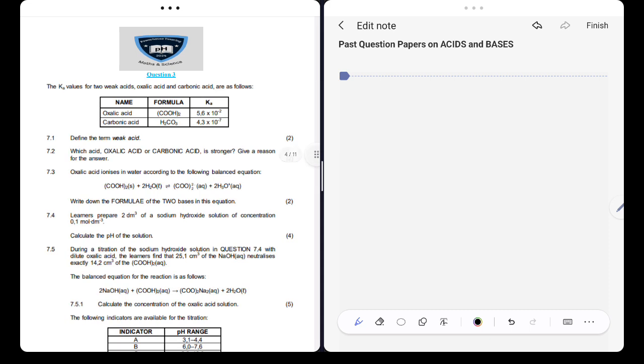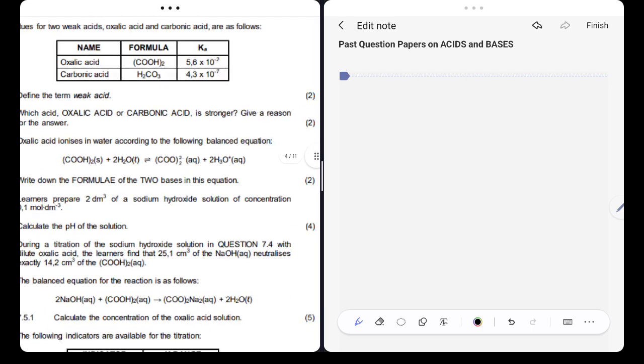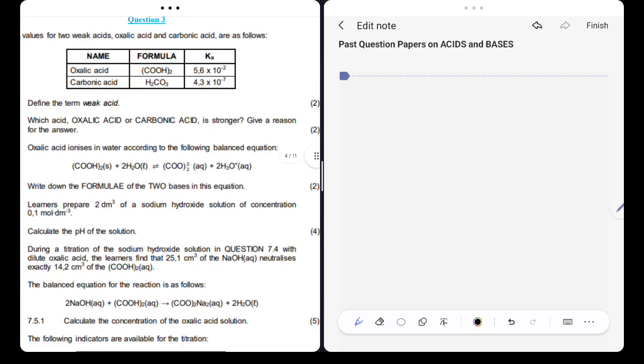Okay, and then we are told that oxalic acid ionizes in water according to the following equation. We are given the equation for oxalic acid. We are asked to write down the formula of the two bases in the equation. If you check the fourth reaction, we have an oxalic acid.